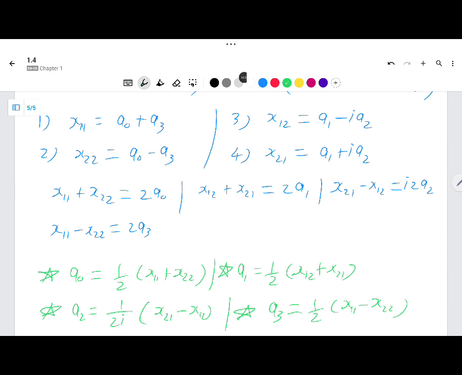Right, so we found a0 and all the remaining coefficients in terms of these matrix elements. That's it.